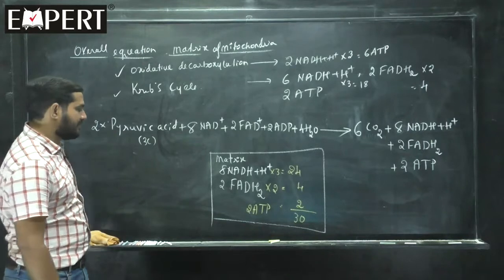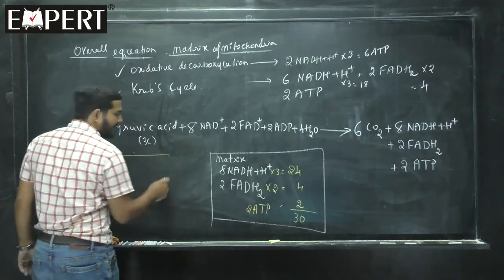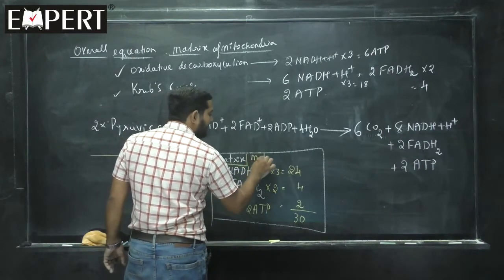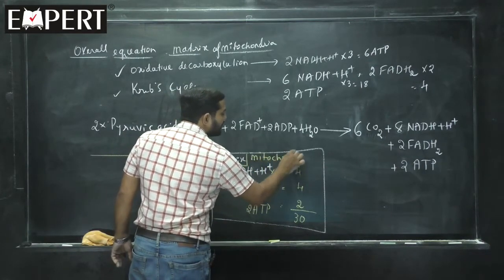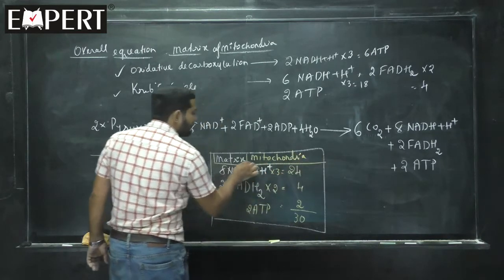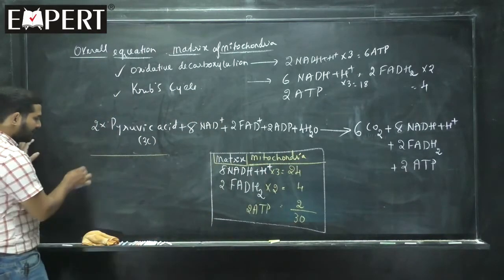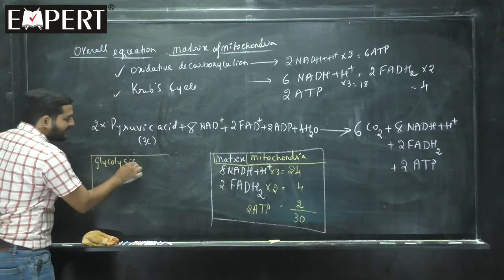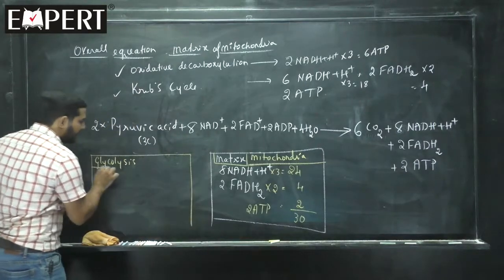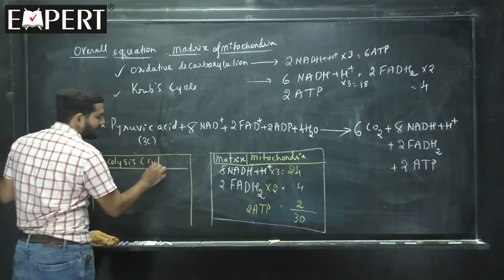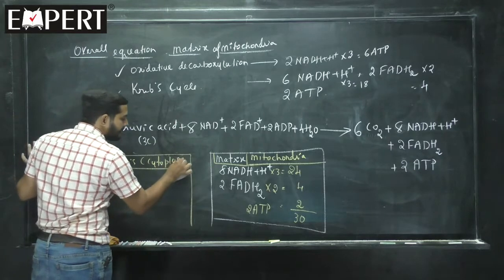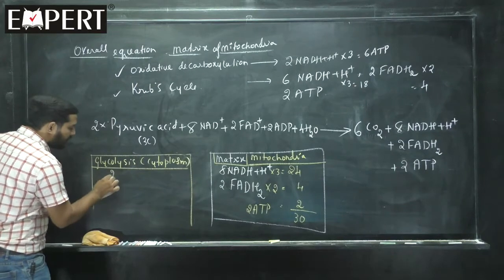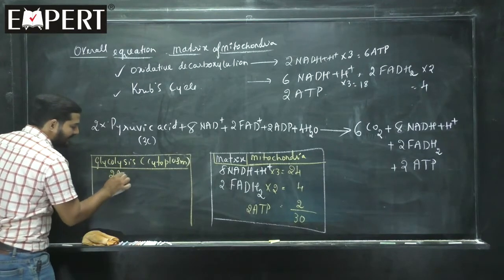And for your idea, I will write here, this is occurring in the matrix, means it is occurring only in the mitochondria. Contribution is by mitochondria here. You know that in the glycolysis event, which is occurring in the cytoplasm, 2 ATPs are there already.